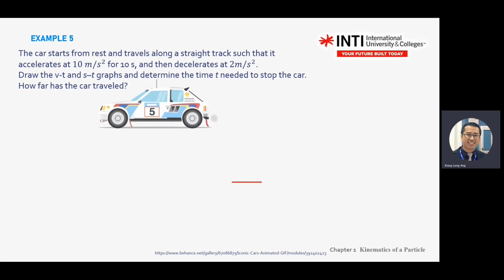You need to determine the time it needed to stop the car. How far has the car traveled? What does the question ask you? T stop, you need to find. Distance or position, you need to find. Change of position, meaning the total distance you travel.